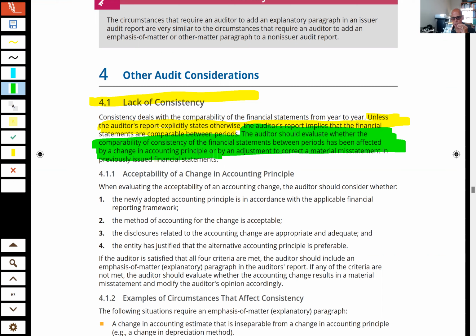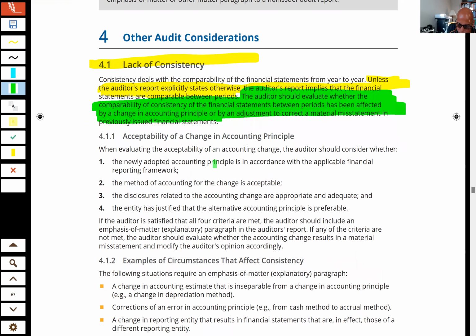If the change is acceptable, then under what circumstances, what kind of changes will automatically result in the emphasis of matter paragraph, what kind of changes will not necessarily result in the emphasis of matter. That's really the approach. Okay, so first, what makes it acceptable?